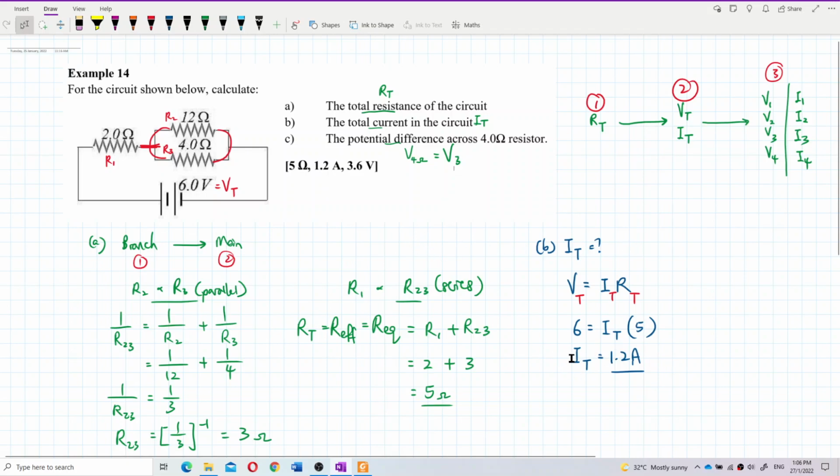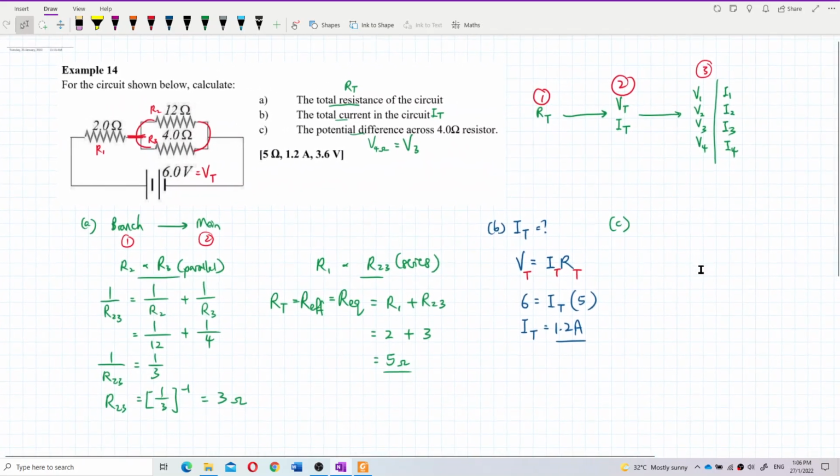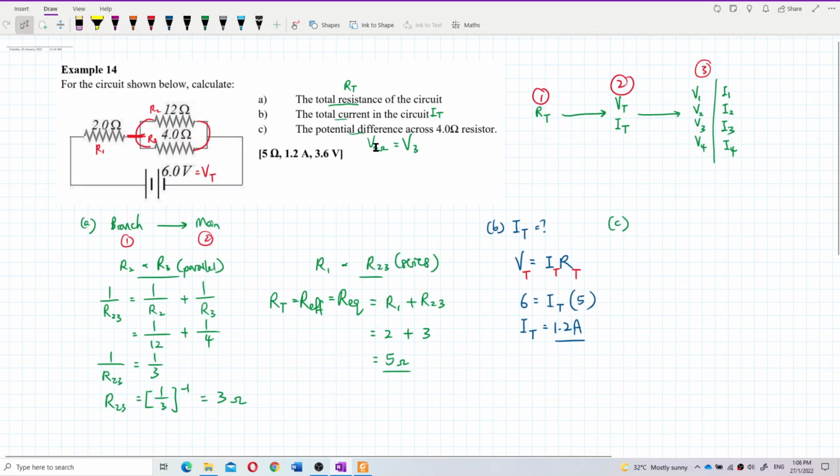We have the total current, and this can help us. Question C, we want to find V3. What we know is this total current passes through all the resistors, isn't it?